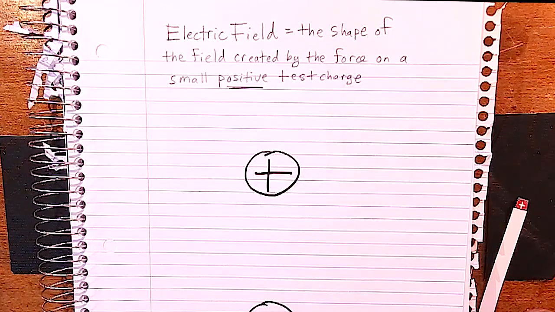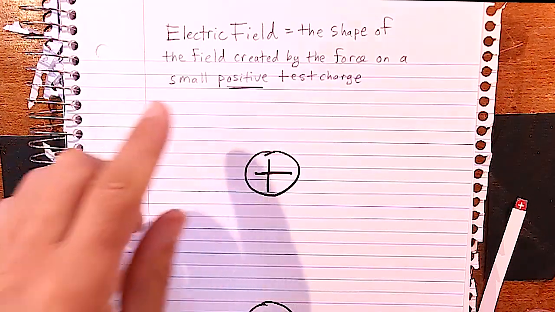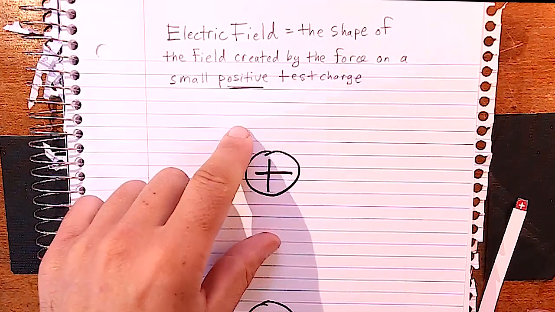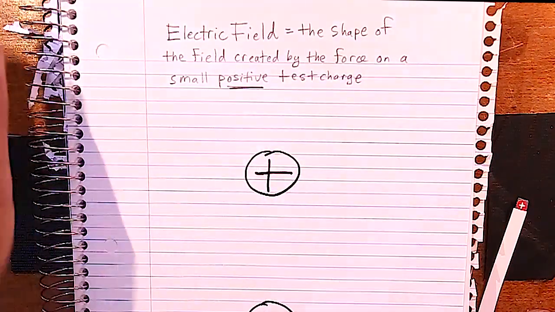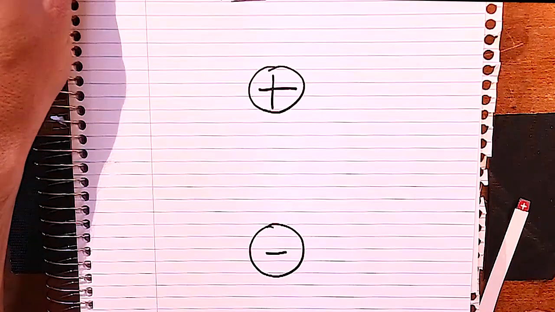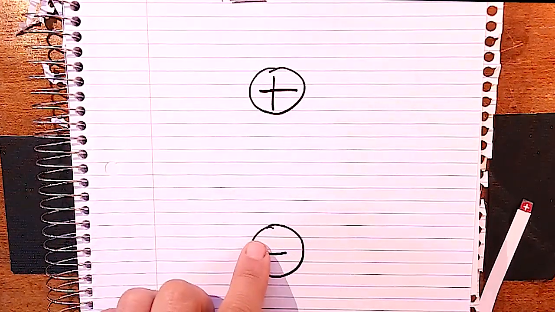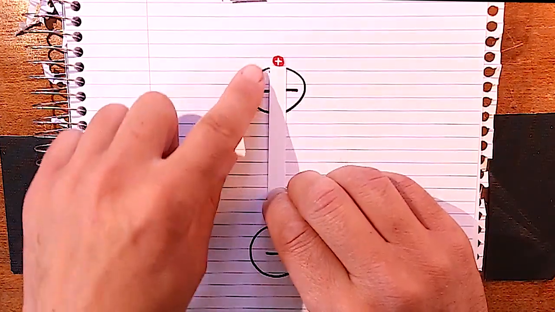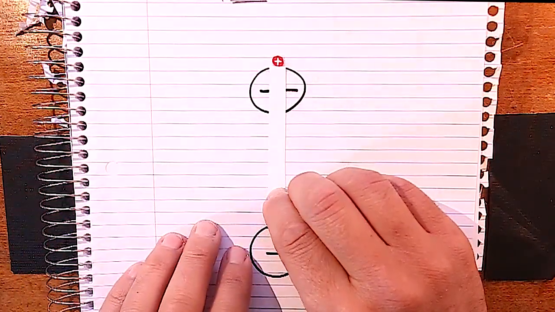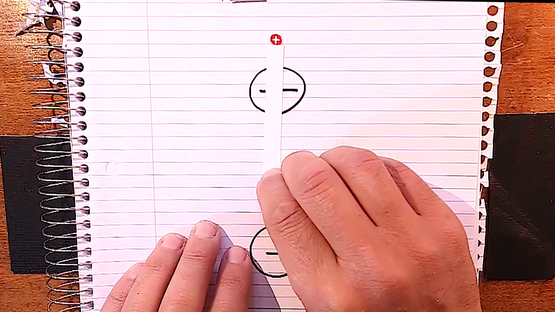Now, when we do this, you don't get a choice. The direction of the force on a positive test charge is defined in physics as the direction of the electric field. So let's look at an example of a large positive charge. We take our small positive test charge and place it in the field.